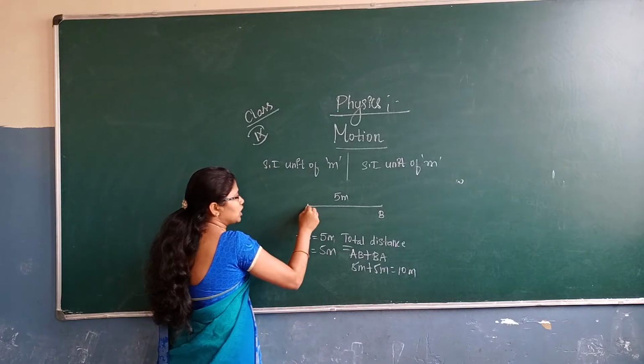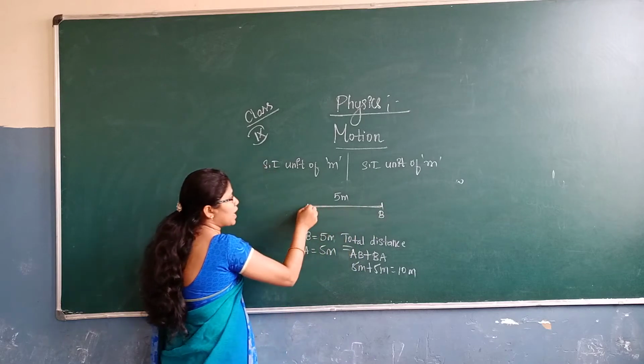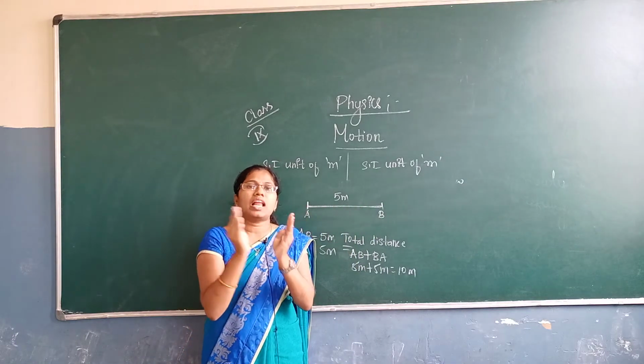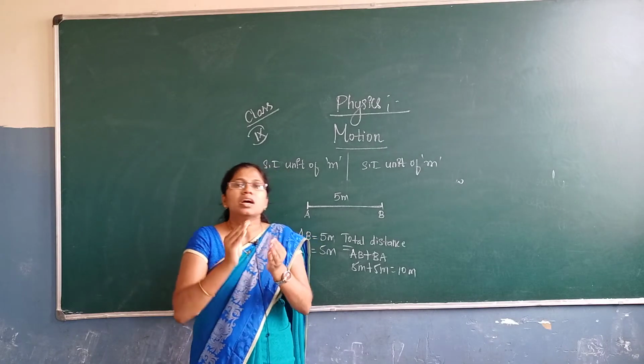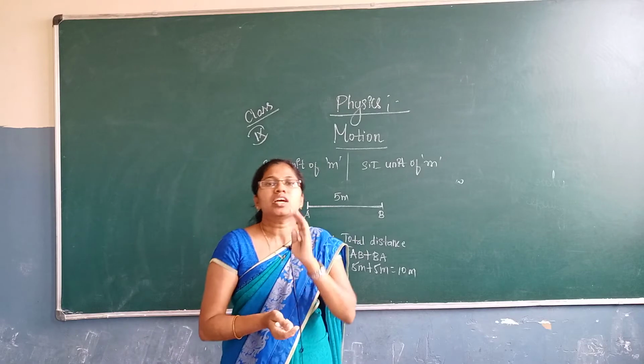So the object has gone from point A to point B, and again it has come back to the same point. When it returns, the initial and the final position merge, or coincide with each other.